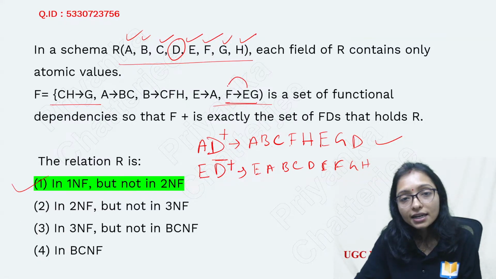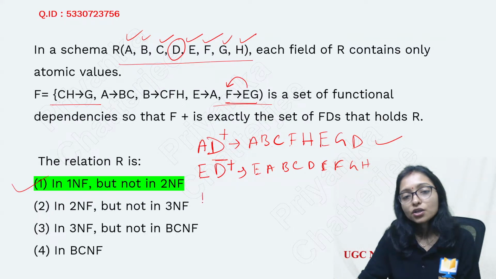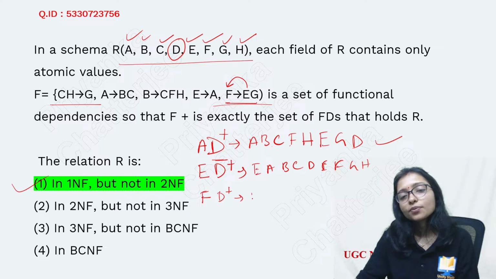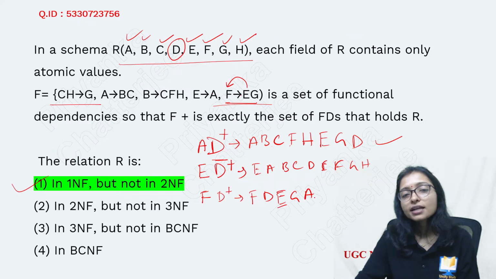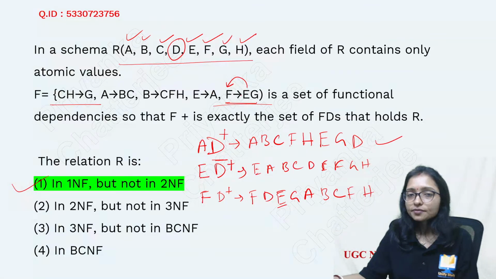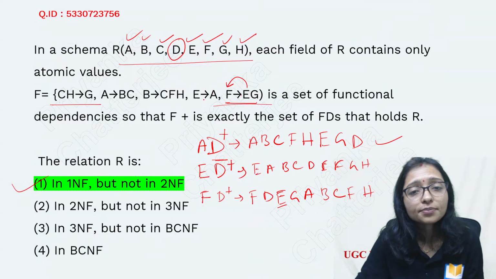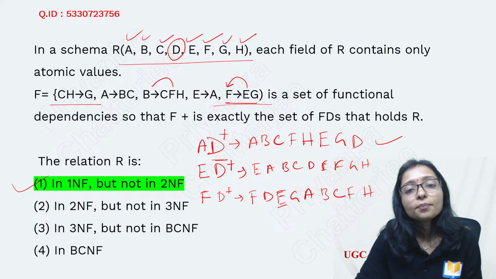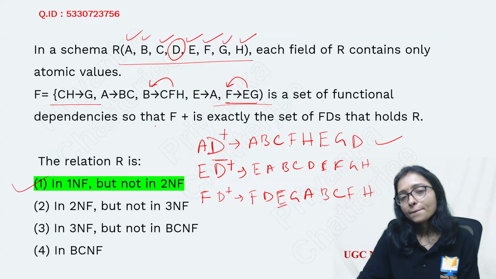Is anyone else able to determine E? Yes, you can see that F is able to determine E. So replace with F. FD closure, if I am doing, then F to EG, E to A, automatically others are coming. Again A to BC, again F, H, all are coming. Now see if any other one is able to determine F. B can determine F. Now you will replace with BD closure.